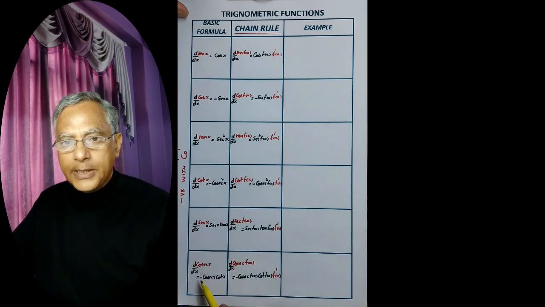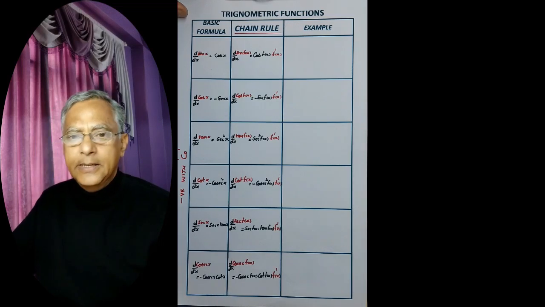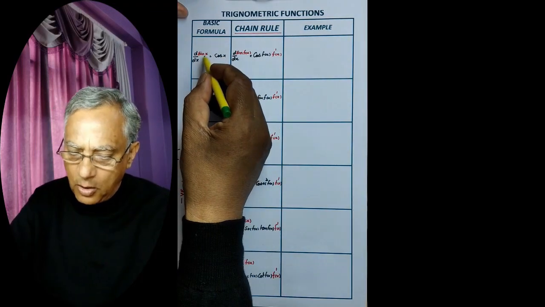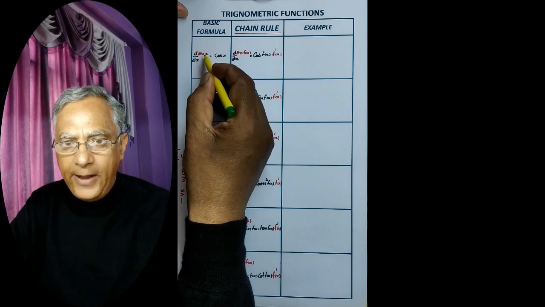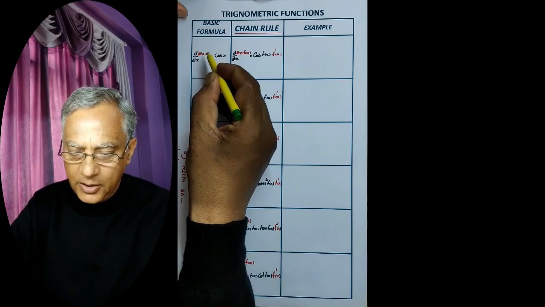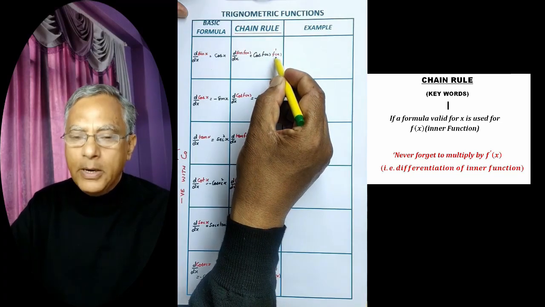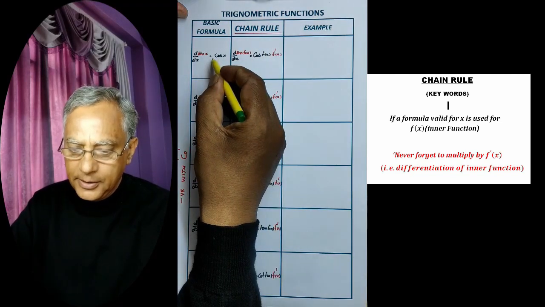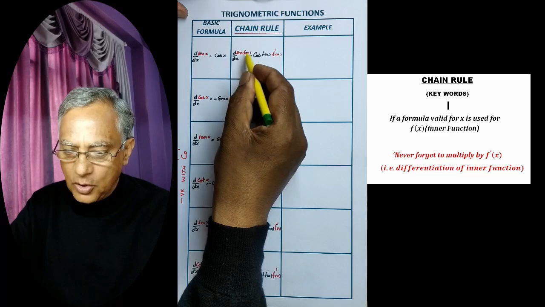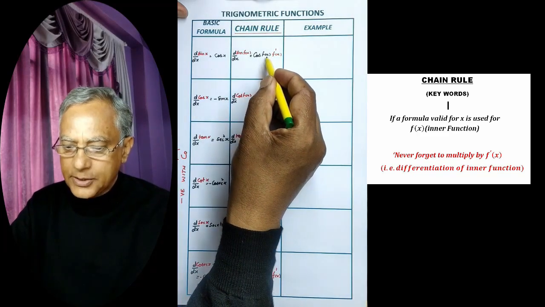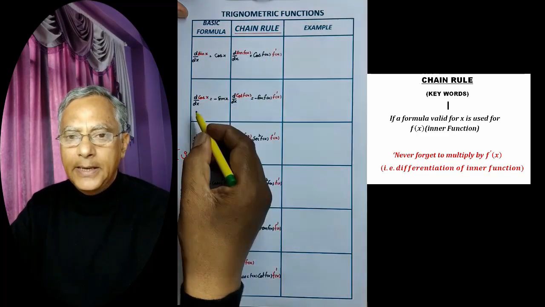And d by dx of cosec x is minus cosec x cot x. Now if this formula is used for f(x) instead of x, sin of f(x) will give cos of f(x), and never forget to multiply by f dash x. So d by dx of sin f(x) is cos f(x) into f dash x.